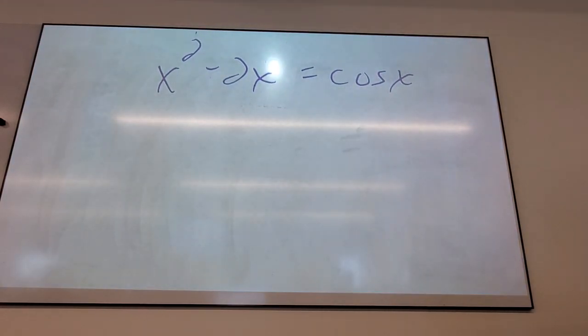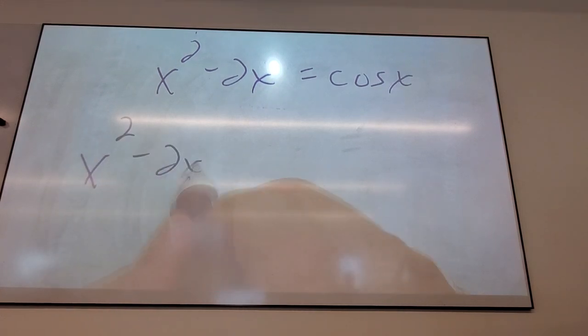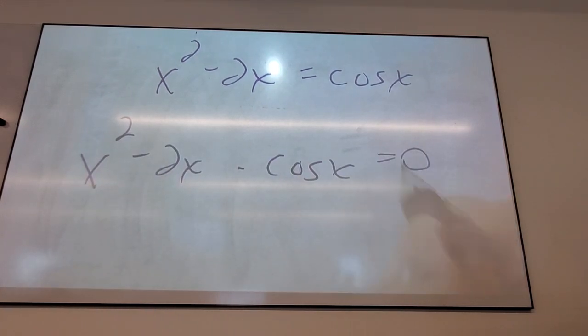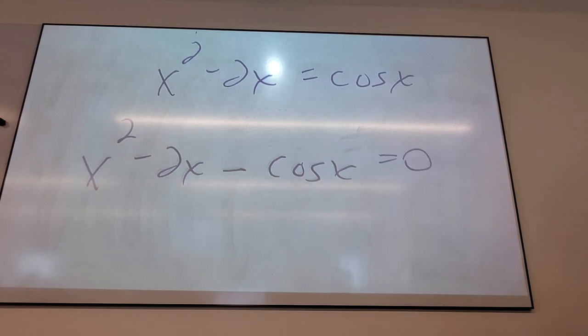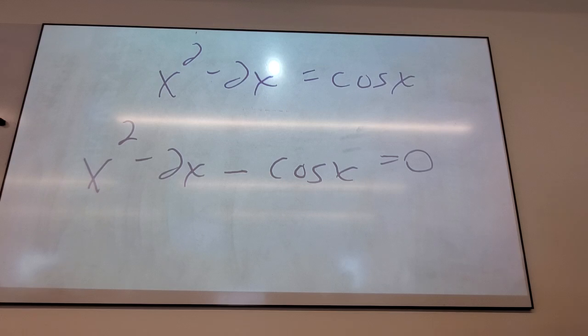Now, just to make this a little more what we're going to do today, couldn't I have subtracted cosine x over and then factored out? Maybe. No, I can't factor it. Is this quadratic? Definitely not quadratic, because you have the cosine x.